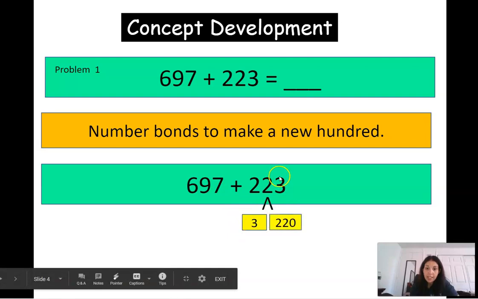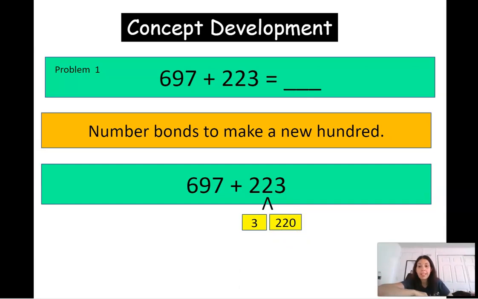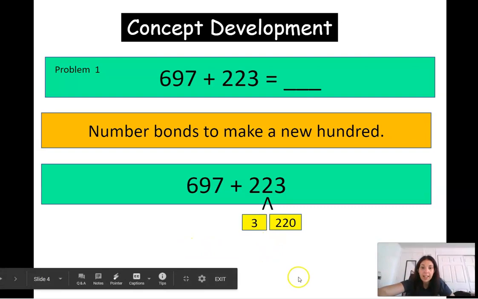So then we just take our 3 from here, and what we're left with is 220. So that's what comes down here. We're basically breaking up 223 into two different parts, and one part is going to help us, and we can add it to the other number to make it easier for us to add.